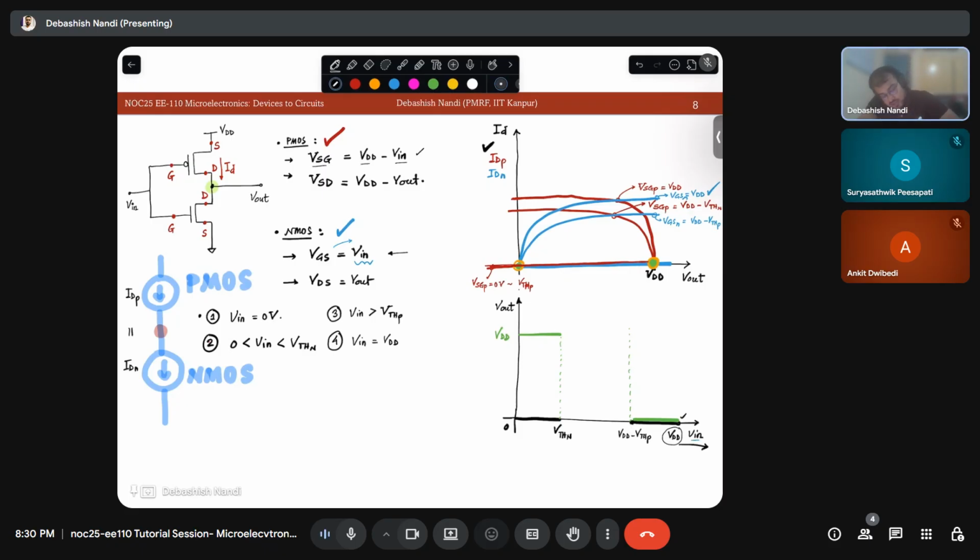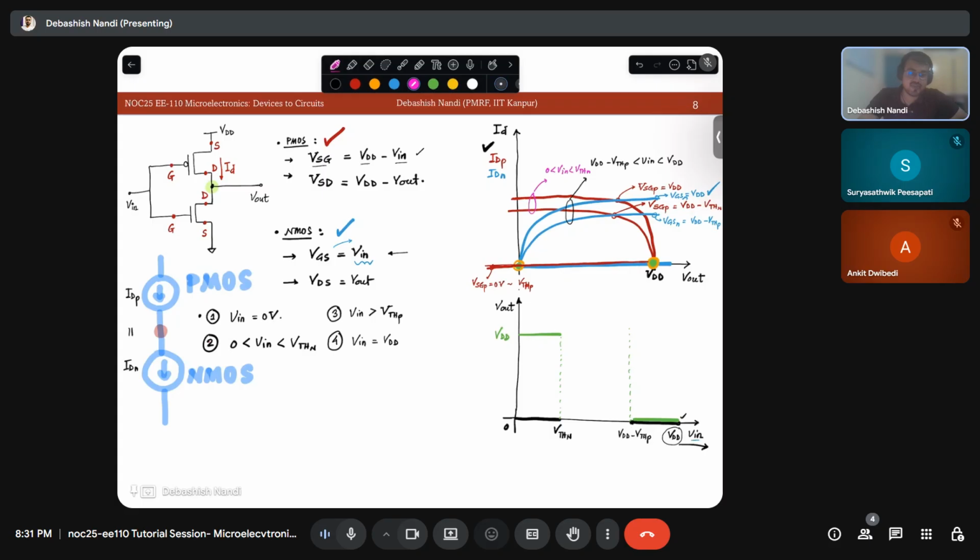So in these two cases, what was your V in? Your V in is VDD minus VTHP less than V in less than VDD. This is the condition for these two blue lines. And for these two red lines, the condition was 0 less than V in less than VTHN.